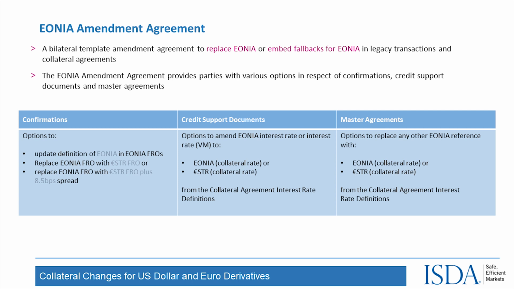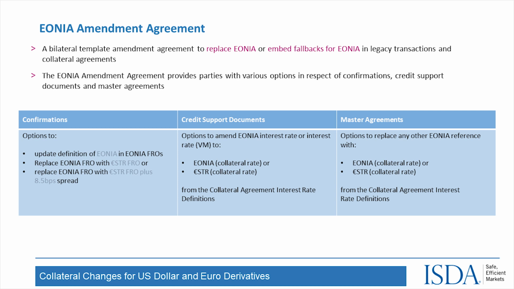So this is a template agreement to either replace IONIA or to embed fallbacks to IONIA in both legacy transactions and collateral agreements. On the slide here, you have the three groups of documentation which can be amended. And so first of all, parties can amend their confirmations. Now, their confirmations might refer to the IONIA floating rate options set out in the 2006 definitions.